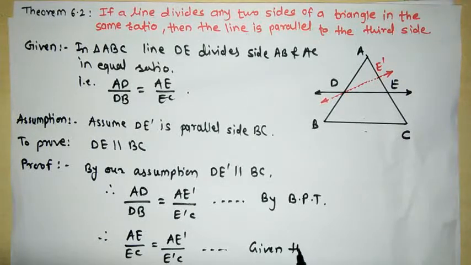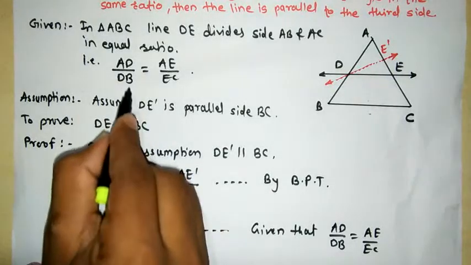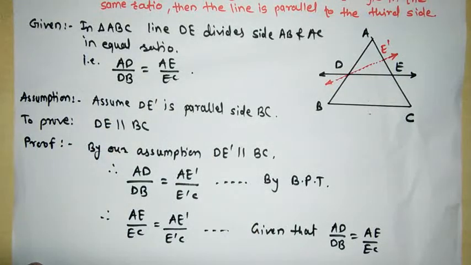Given that AD by DB is equal to AE by EC. The only thing I have changed here is, instead of AD by DB, I have written AE by EC because it is given data.